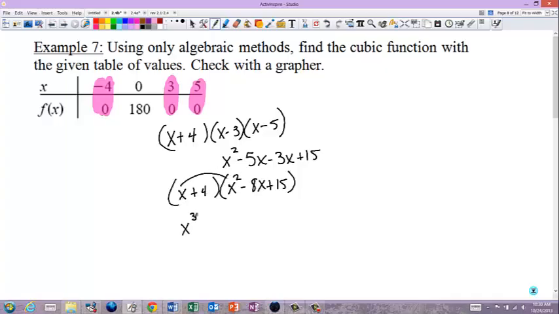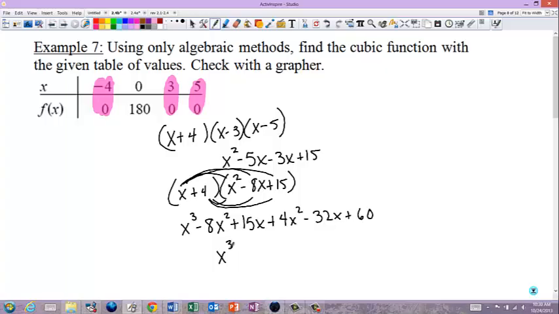x cubed minus 8x squared plus 15x plus 4x squared minus 32x plus 60, that's x cubed minus 4x squared minus 17x plus 60.